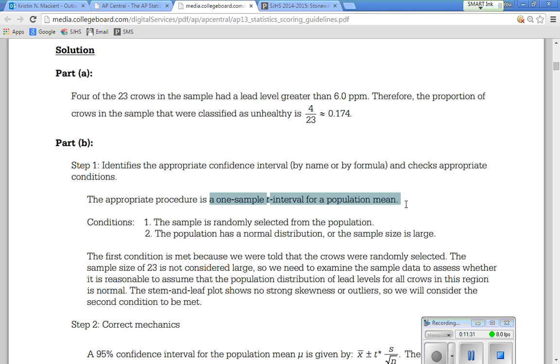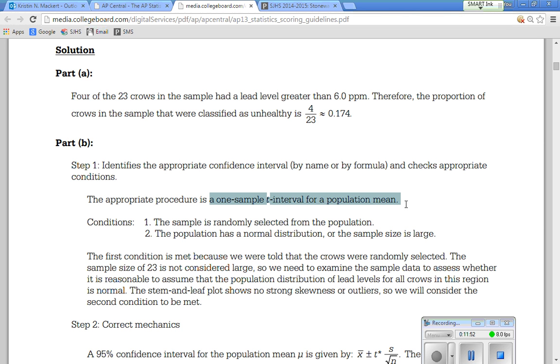All right, so it says the first condition is met because we were told that the crows were randomly selected. The sample size of 23 is not large, so we have to examine the data. But notice what's given. We don't have to really look at a histogram because what are we given? What data display is given to us in the problem?